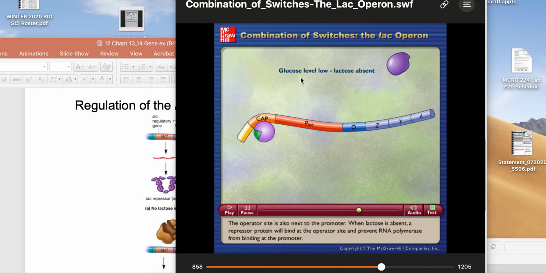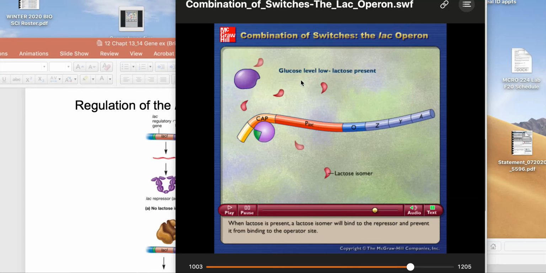And so again, if glucose levels are low, but lactose is absent, then the repressor protein sits on the operator and shuts things down. Remember that in order for this to not happen, you need the allolactose from that lactose reaction to knock out this guy here to stop it from binding.